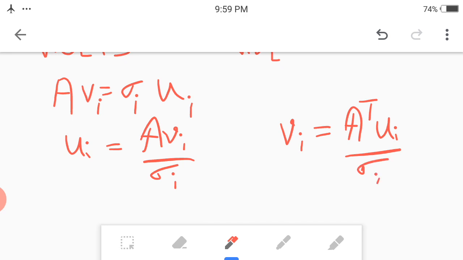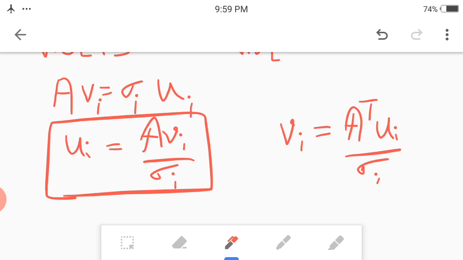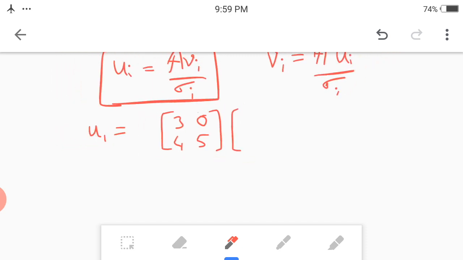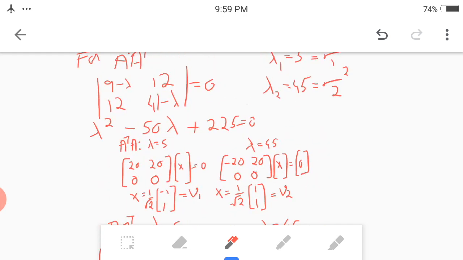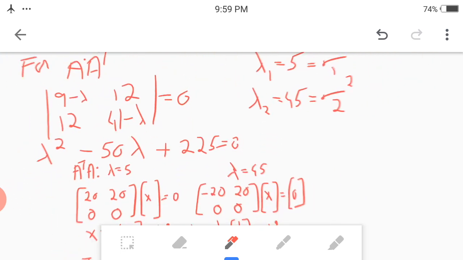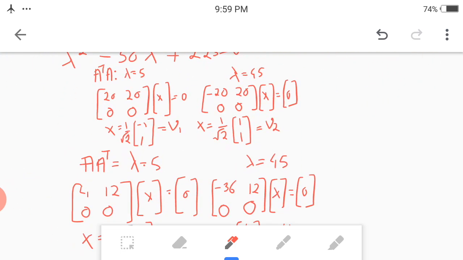So using these two formulas, if you have one vector, you can find the other vector. So let's use this formula now to find ui. If you want to find U1, the original matrix was 3 0 4 5 into, what is your V1? Let's go back and check out. Oh, we went a little too far back. Yeah, your V1 was minus 1 1.